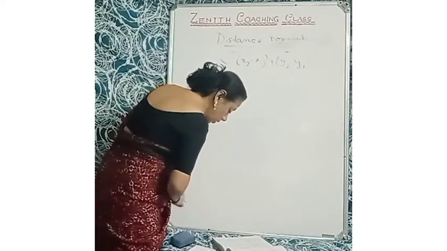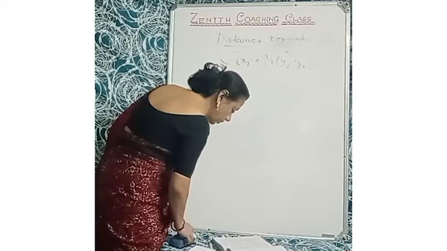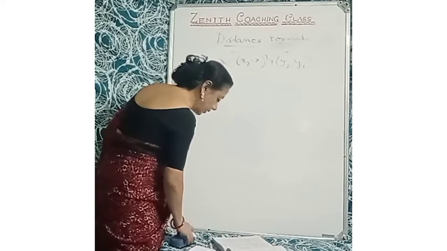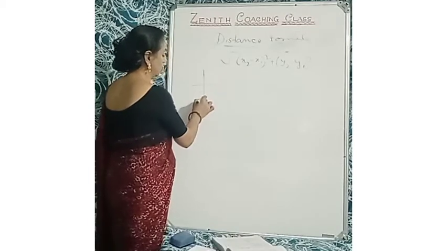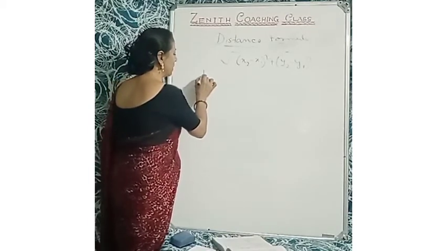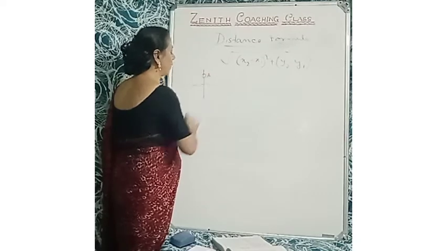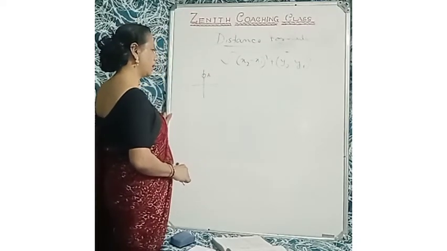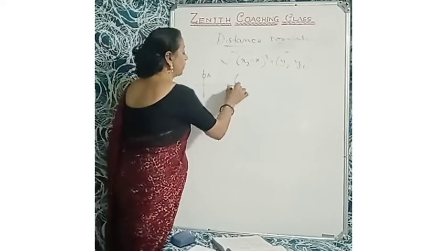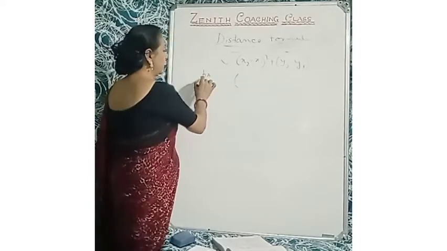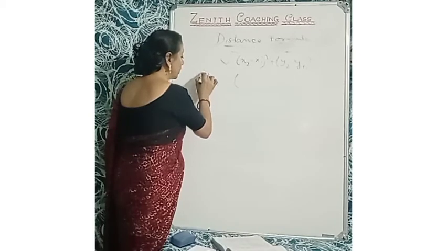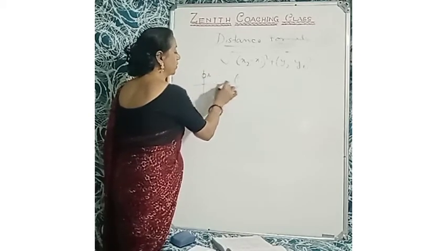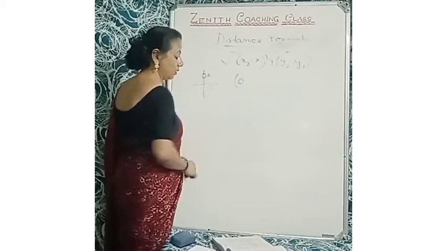Now, A is a point on the y-axis whose ordinate is 4. See children, A is a point. Supposing this is A, a point on the y-axis. What's the coordinate of A? The x-coordinate is nothing, because it is not the ordinate; there is no x-axis value, so that is 0.